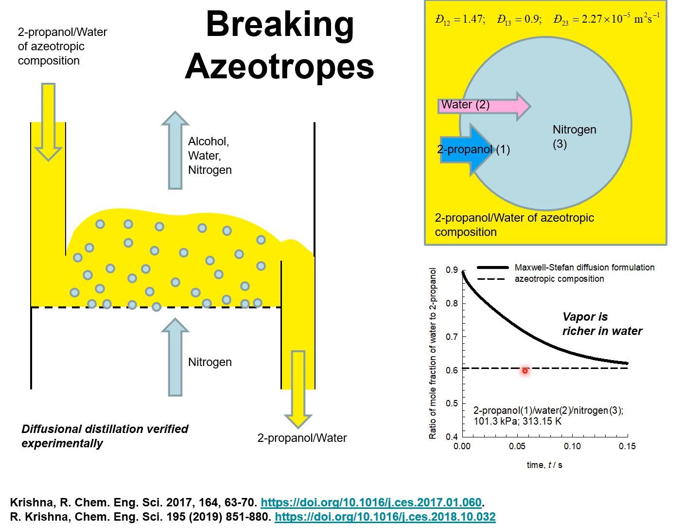So we can break the azeotrope by distilling in the presence of an inert gas such as nitrogen. The concept of diffusion distillation, as sketched here, has been verified experimentally, and I refer you to my papers here for the appropriate references.